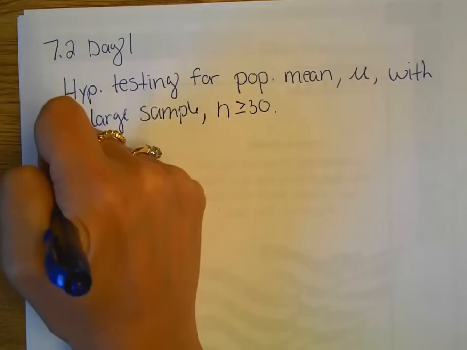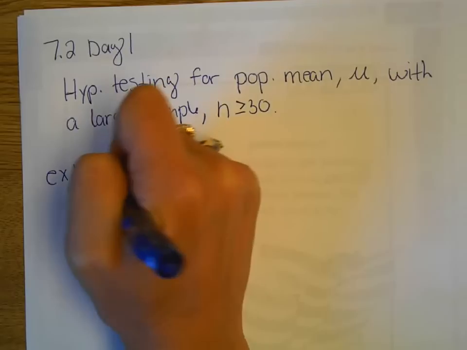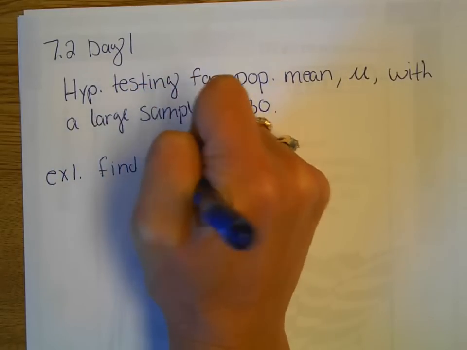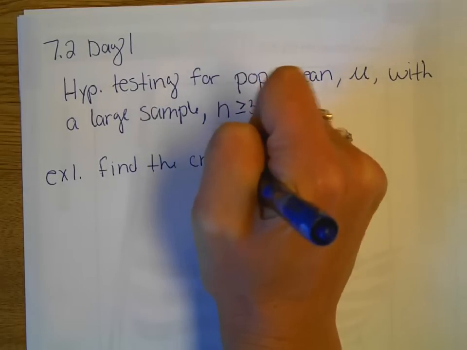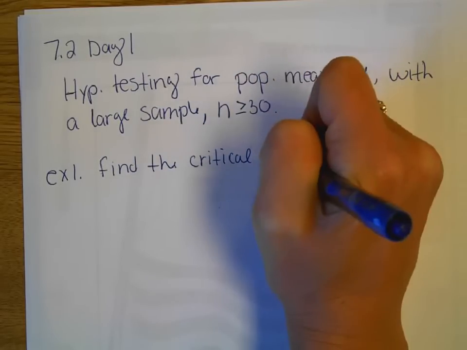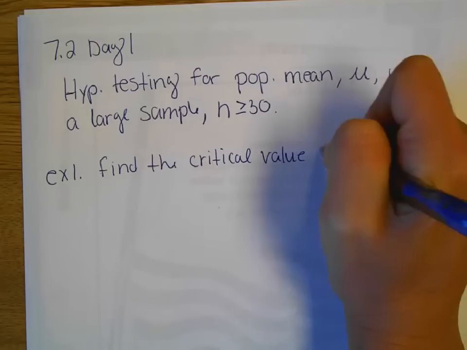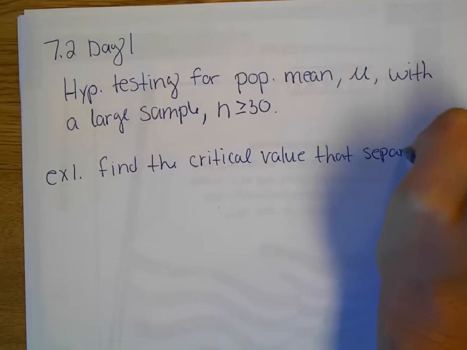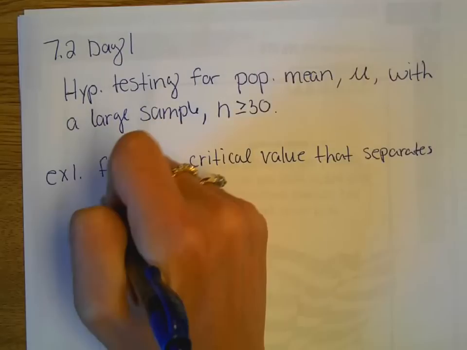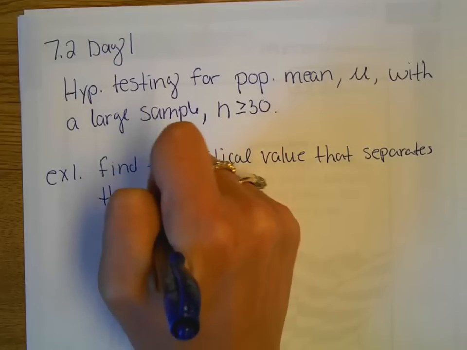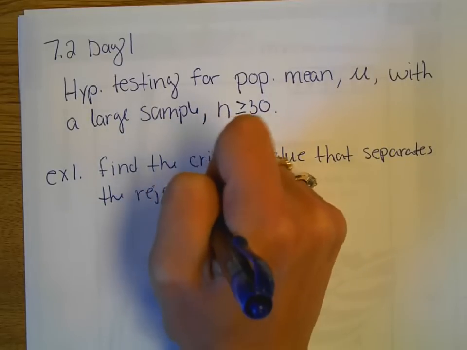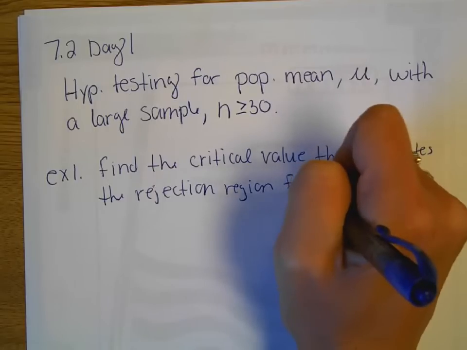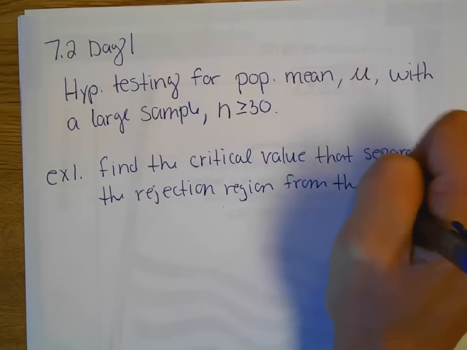So, example 1 is going to be find the critical value that separates the rejection region from the fail to reject region.